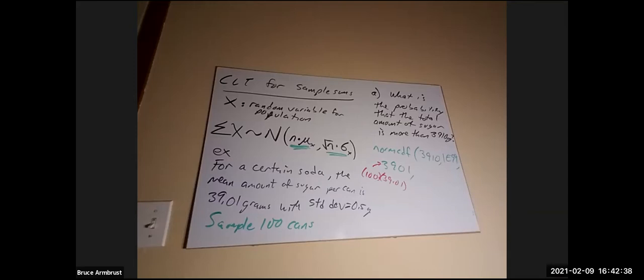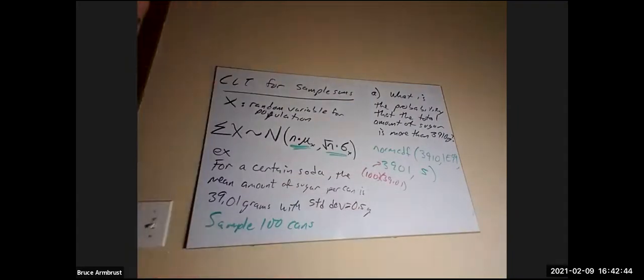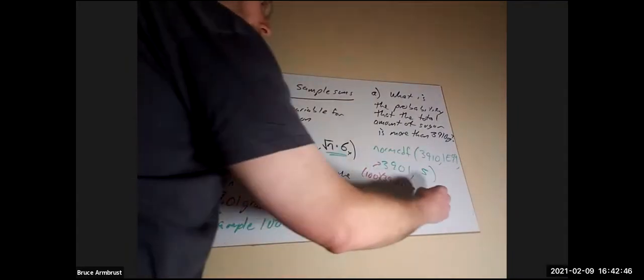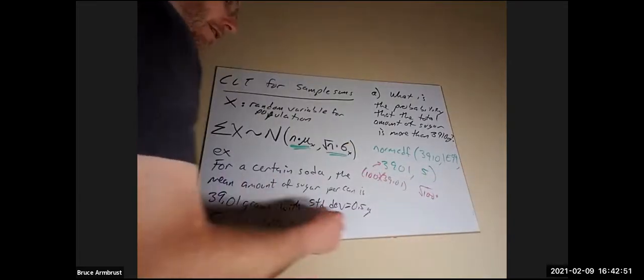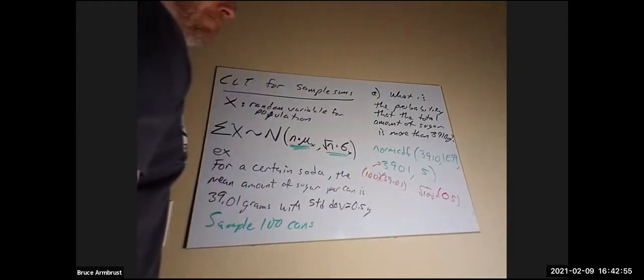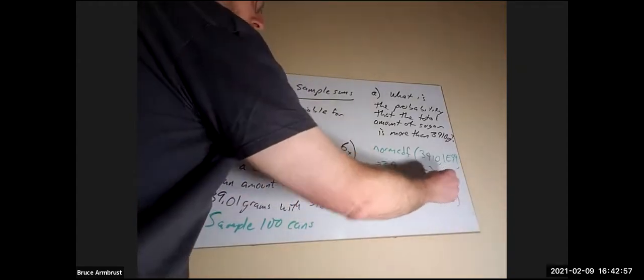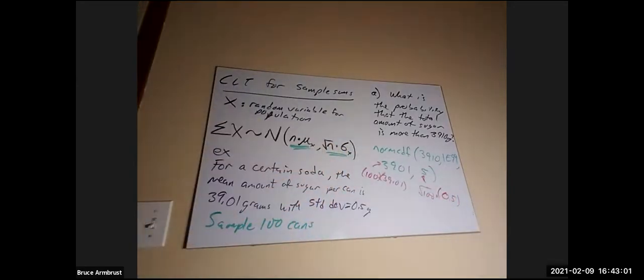And then the standard deviation that we're going to put in is actually going to be 5. Now where that came from is the square root of 100 times 0.5. Right, so again, I'm using this formula right here, square root of n times sigma.